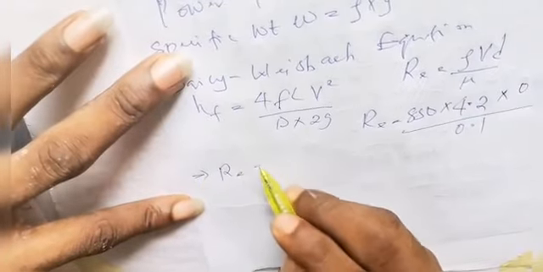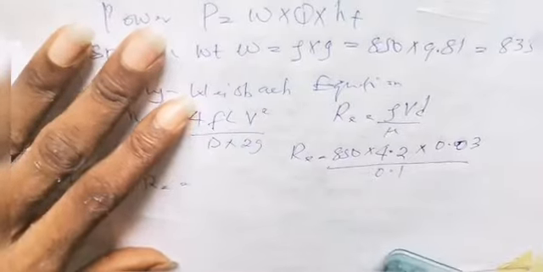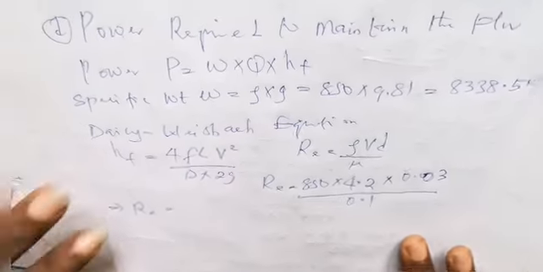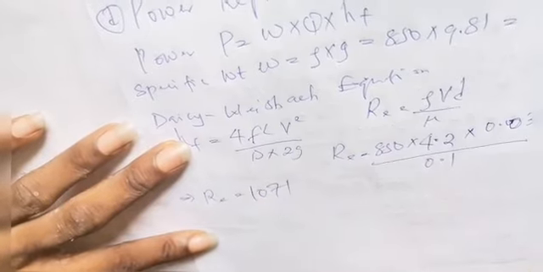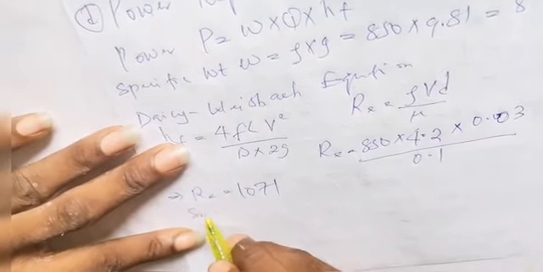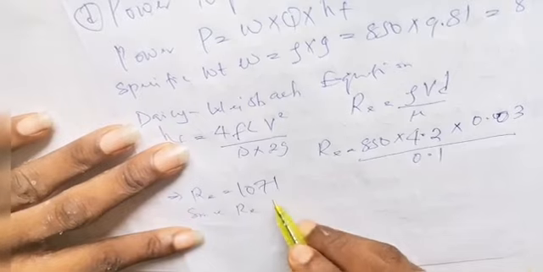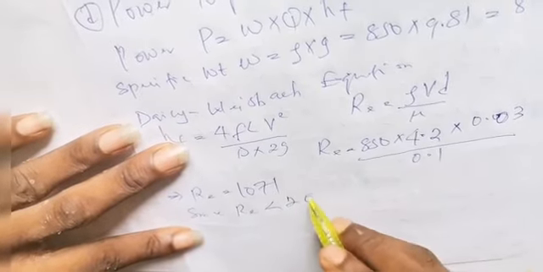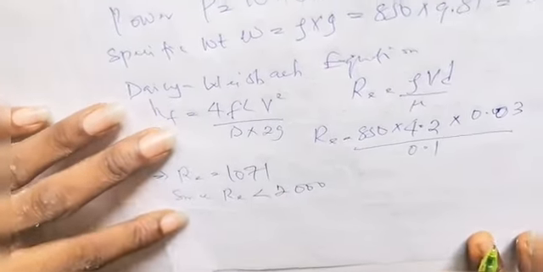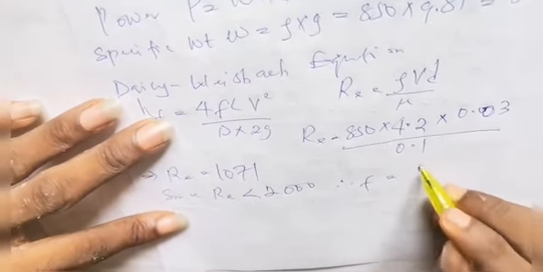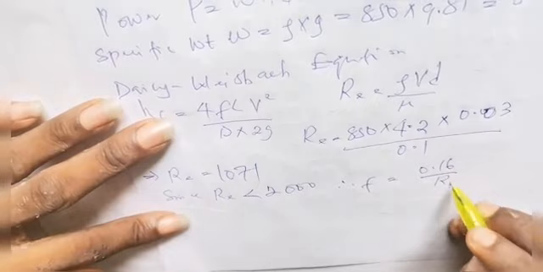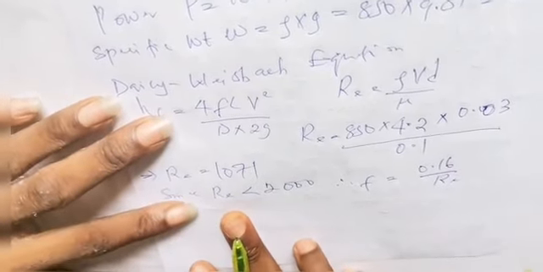So let's obtain the Reynolds number now. I'll do everything at once and get a value. Computing everything, we obtain the Reynolds number to be 1071. Since the Reynolds number is less than 2000, to find the friction factor F, we simply employ 0.16 all over the Reynolds number.